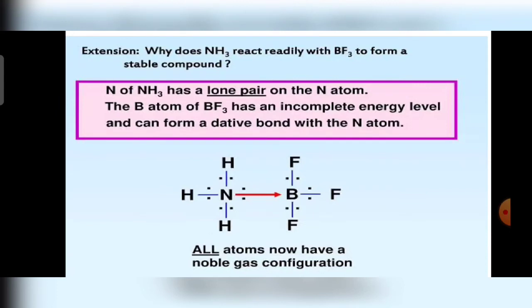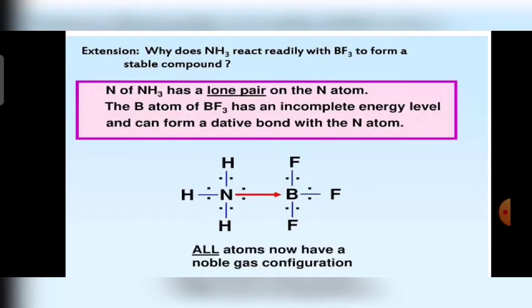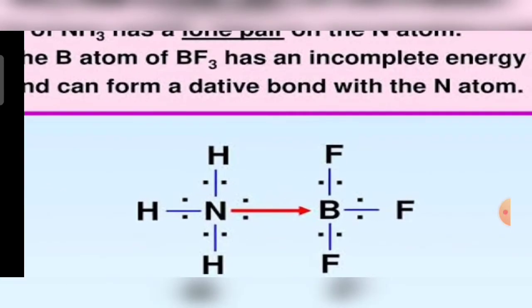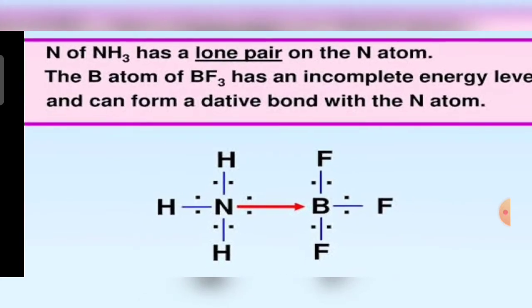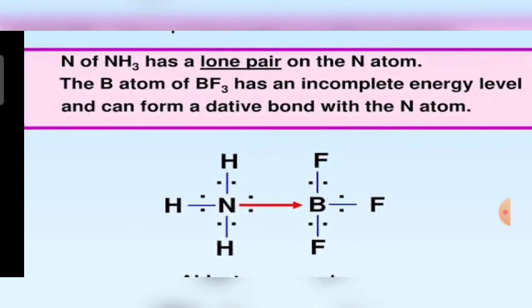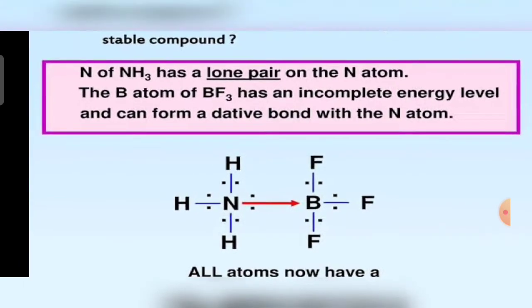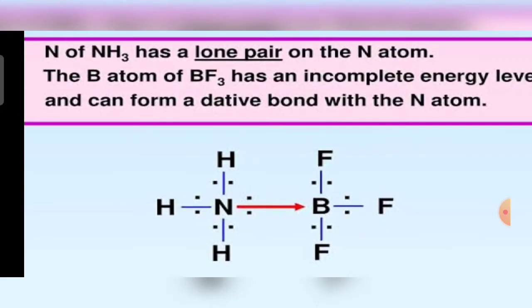In the first example, ammonia donates its extra lone pair to the hydrogen atom, and in this example, ammonia is donating to the boron trifluoride. Boron shares electrons with 3 fluorine, that's why we call it boron trifluoride, and it means 3 fluorine are combined with a boron atom.